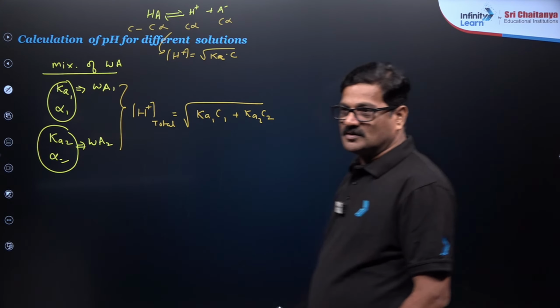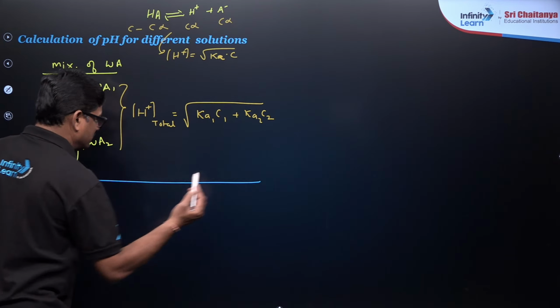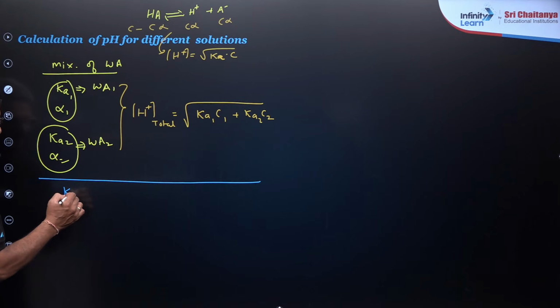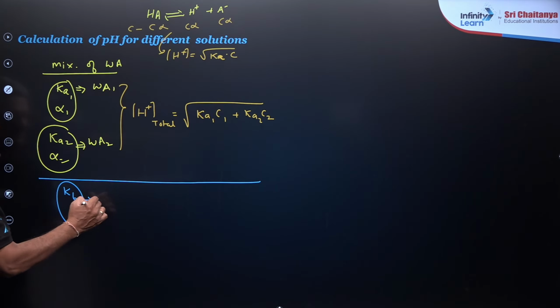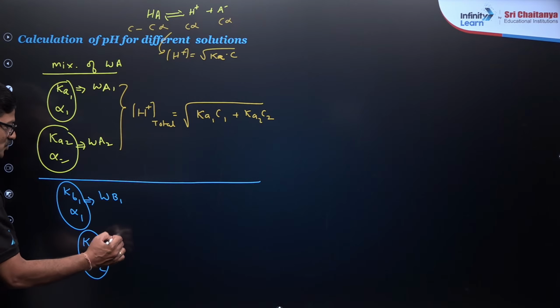Now let us talk about the weak bases. Similarly, for the weak bases, Kb1 and alpha 1 are for weak base 1, and Kb2 and alpha 2 are for weak base 2.